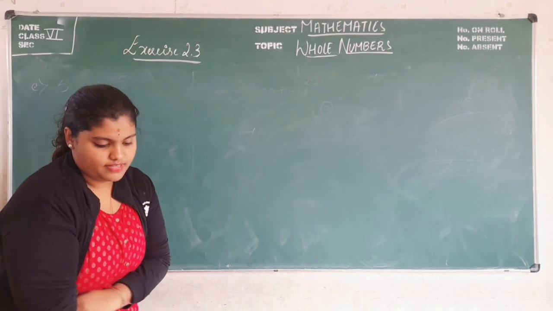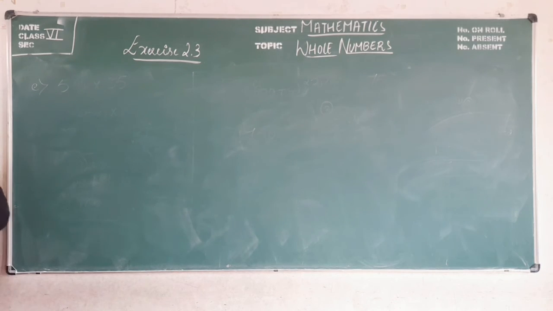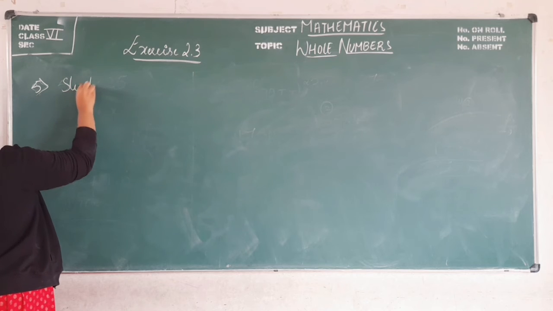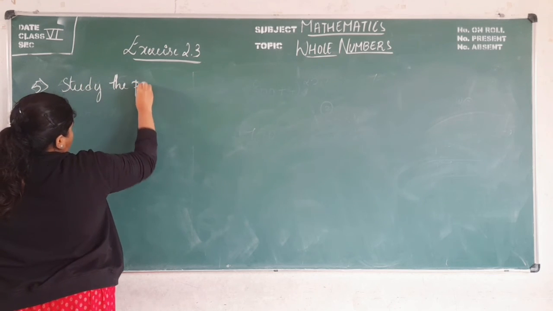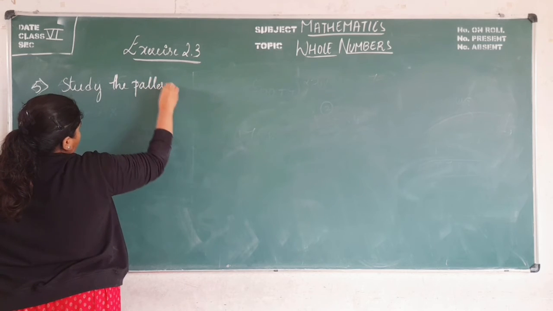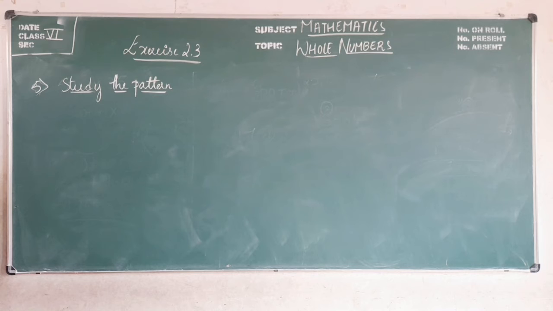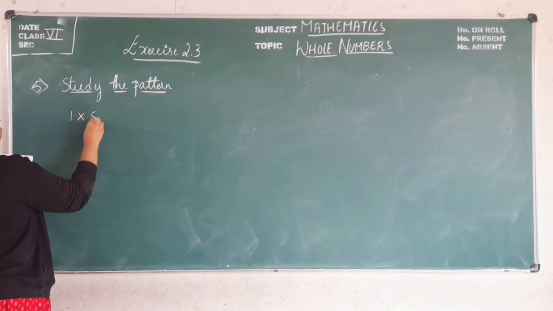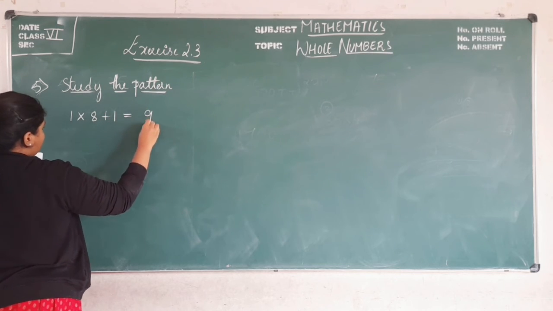Yes, we should solve that. Study the pattern. Fifth question. So they have given a few expressions. We should write that. So 1 into 8 plus 1 is equal to 9.